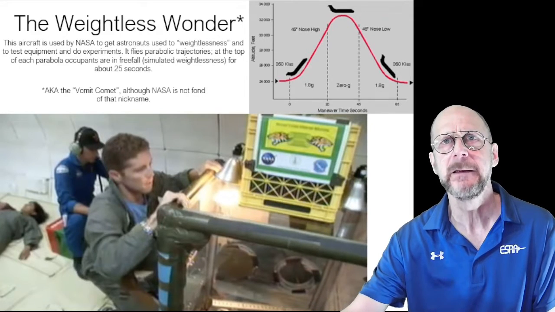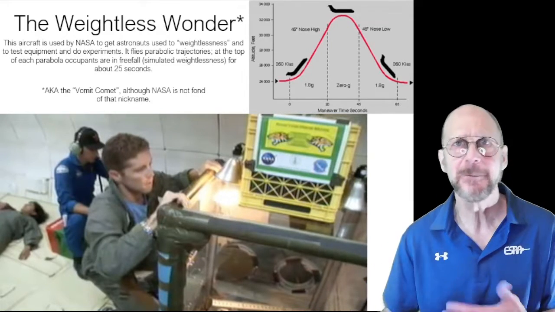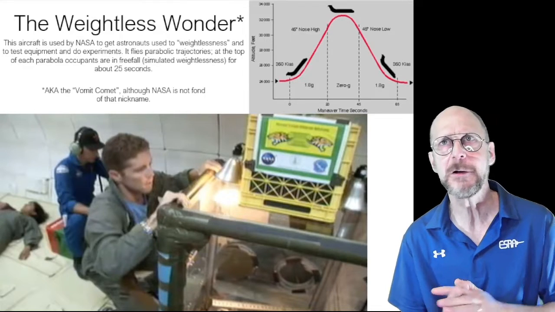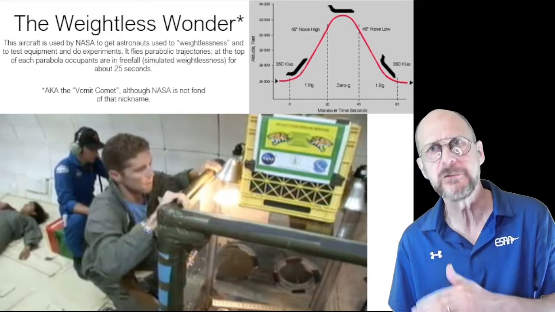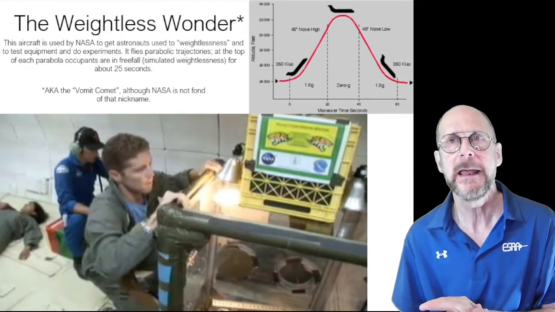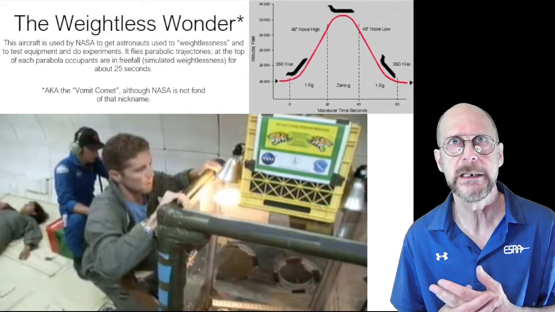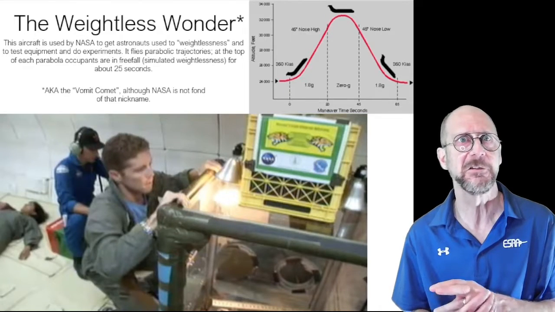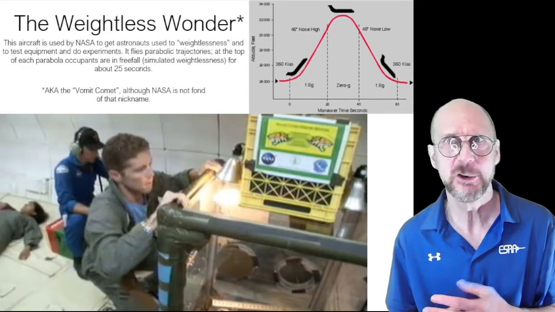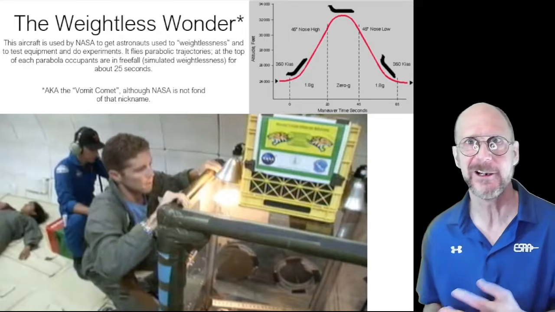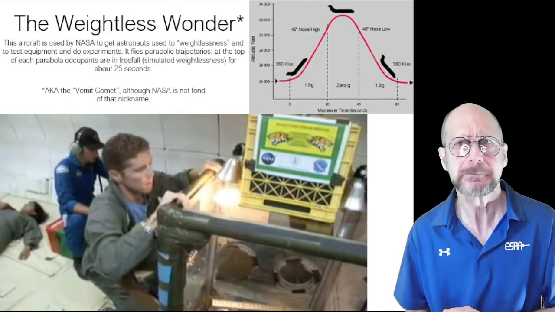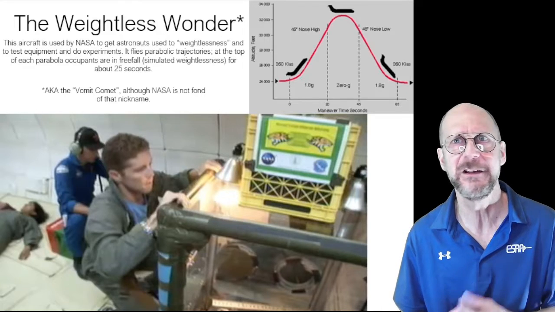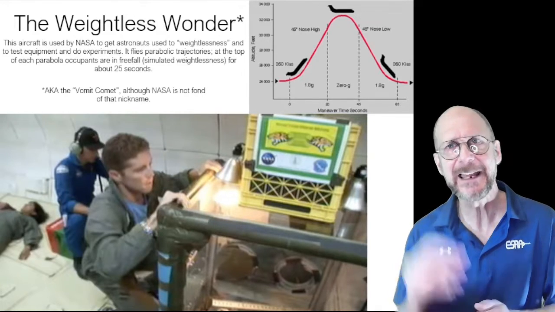And the nickname of Vomit Comet is apt because you're going from 0G to 2G and 0G to 2G repeatedly. And in our case, I think we did 20 to 25 of those cycles. And a good fraction of the people actually got sick, hence the name Vomit Comet. That is typical on these flights. And I came this close.